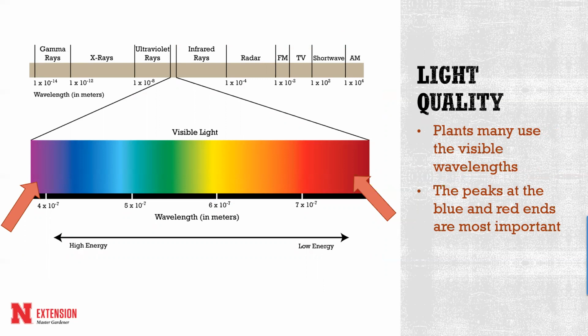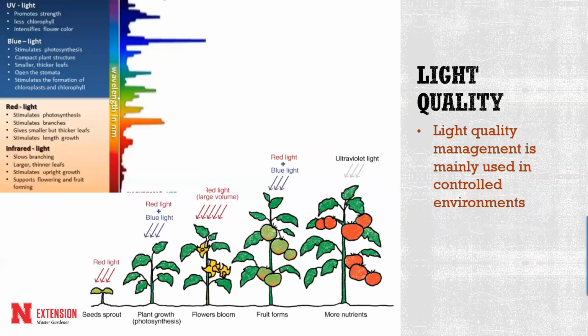But what the plant really needs mostly are the two endpoints, so the blues and the reds. That's what most of the chemical reactions that plants need are done within those two endpoints. The green is reflected because that's usually not needed quite as much as the other two ends.